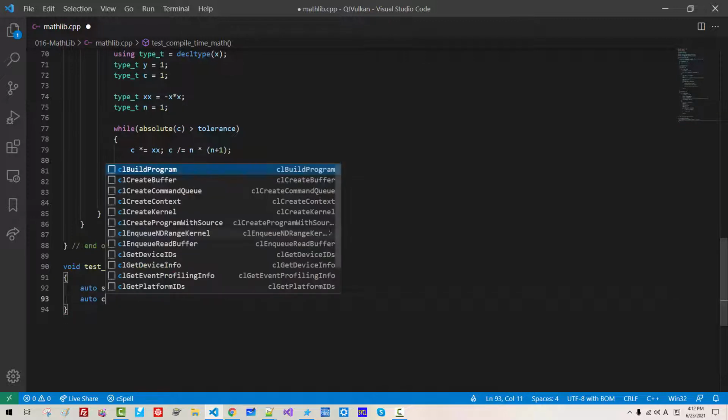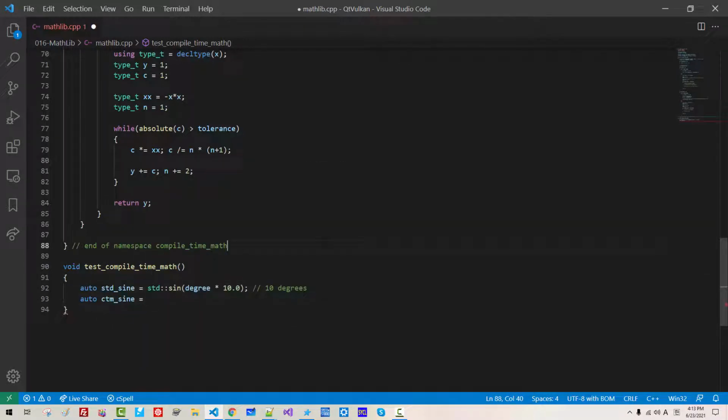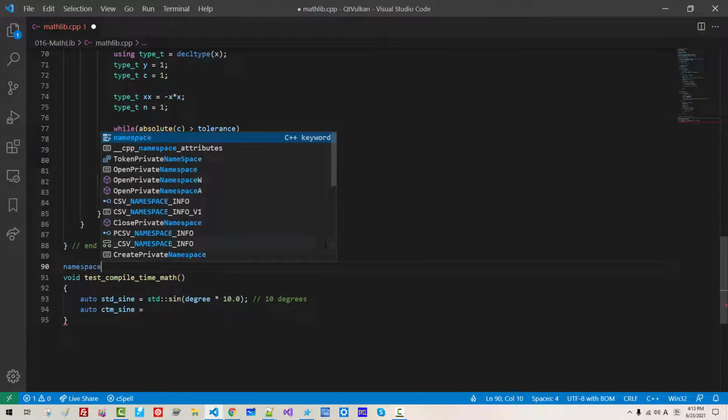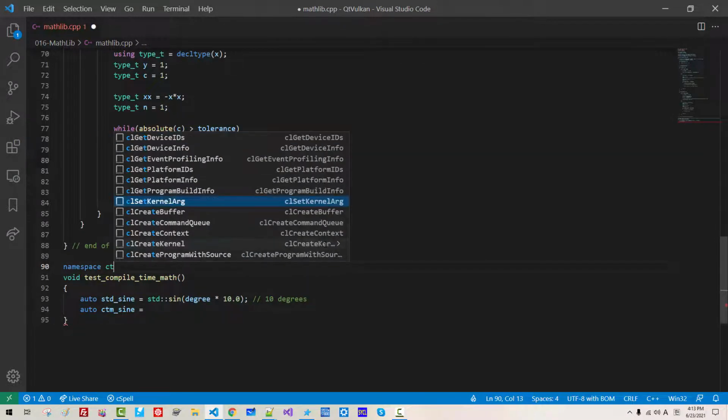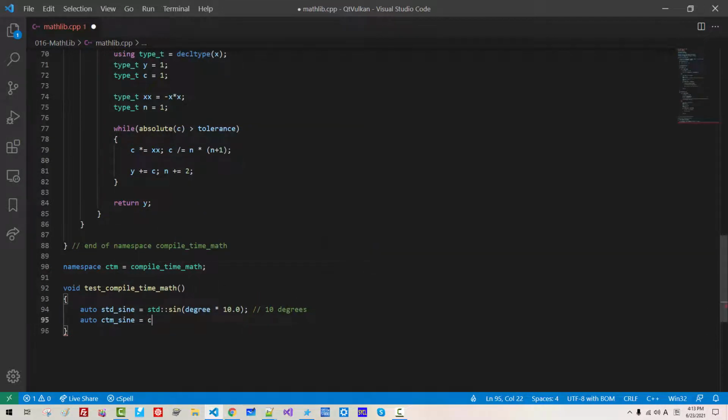I will create a namespace alias, namespace ctm equals compile_time_math. ctm sine degree times 10, into main.